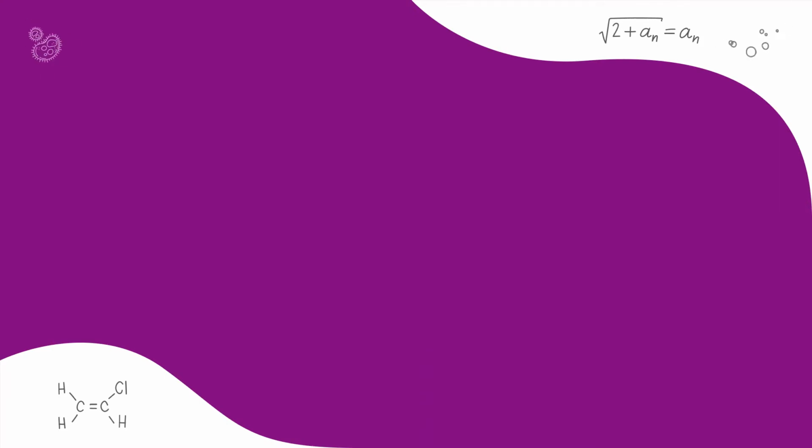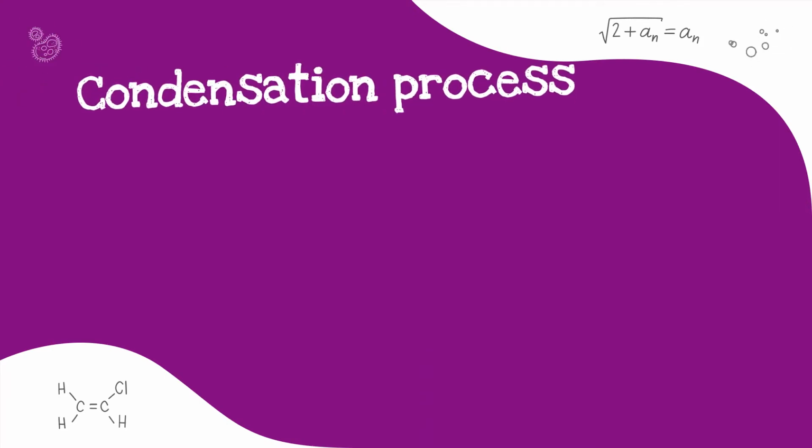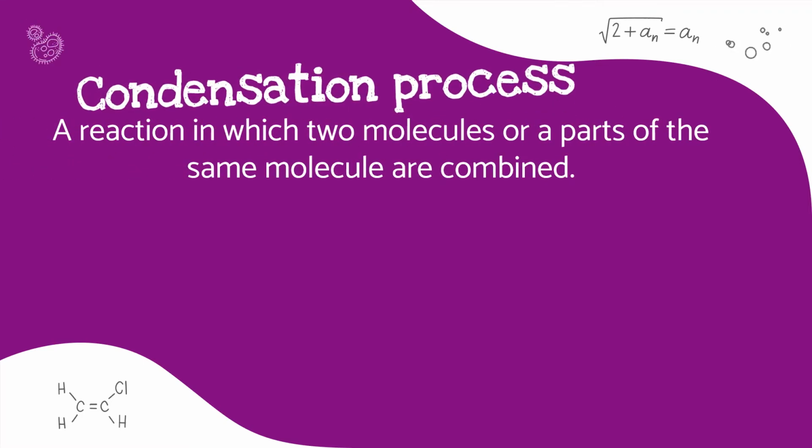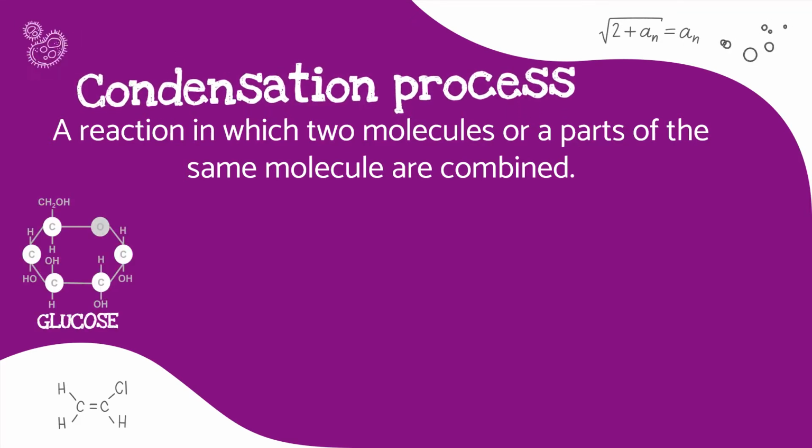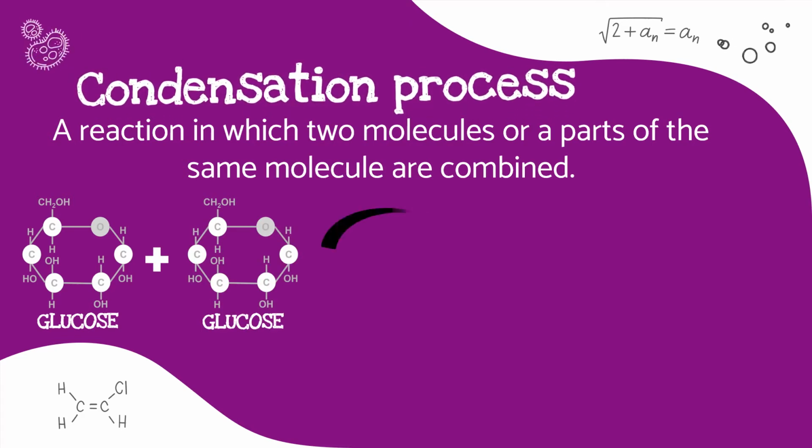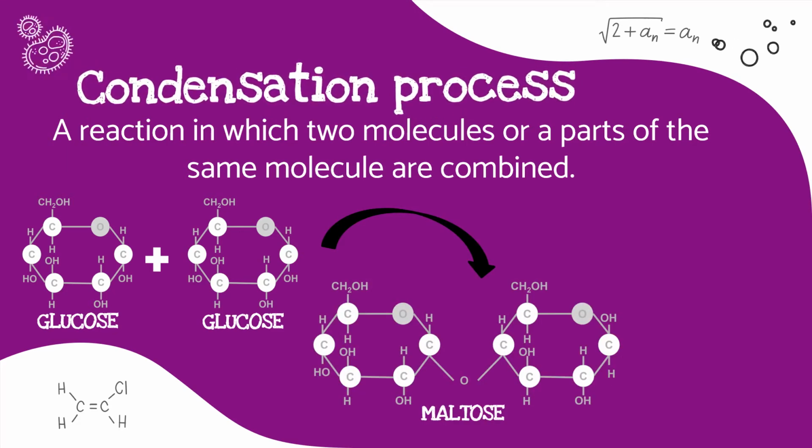Disaccharide is produced by the process called condensation or dehydration. It is a reaction in which 2 molecules, or parts of the same molecule, are combined. Let's say, for example, we combine 1 glucose molecule with another glucose molecule to produce maltose.